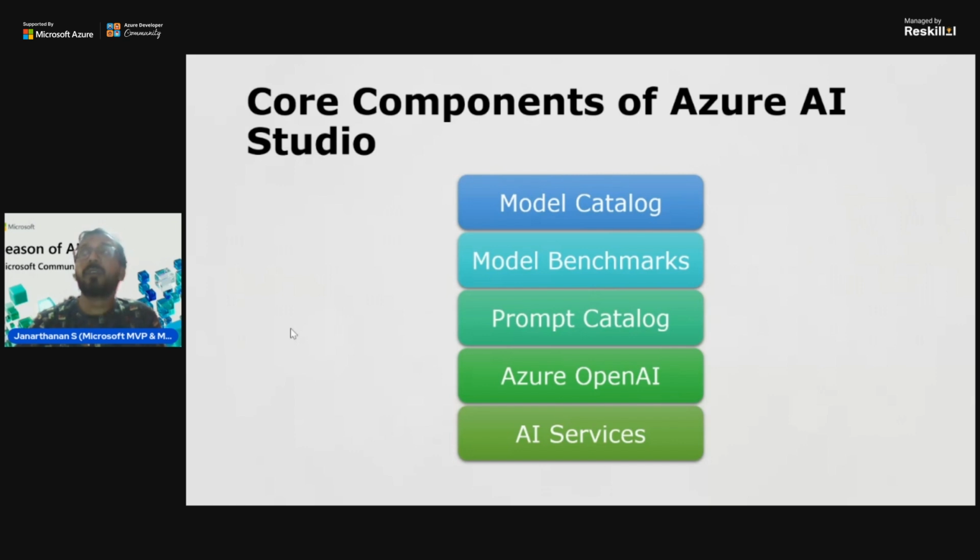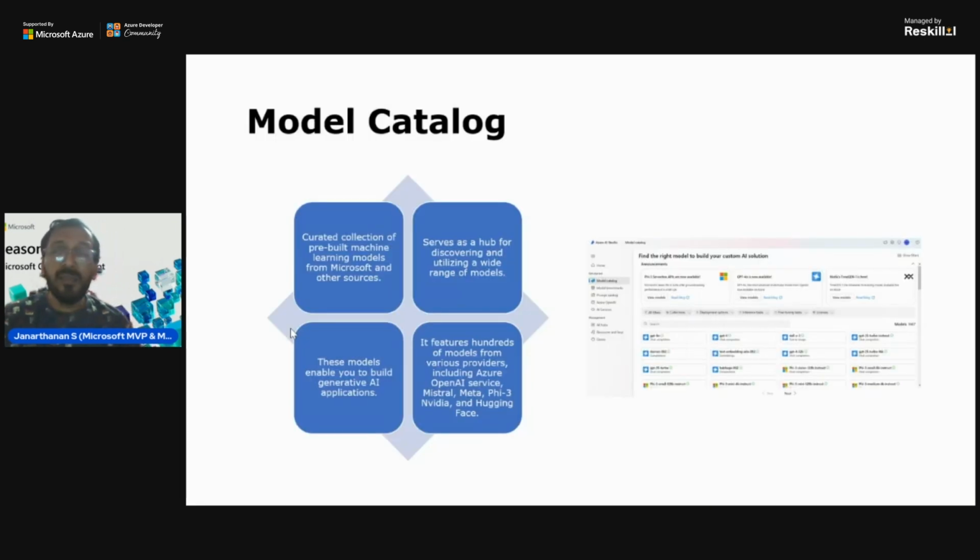In the Azure AI Studio, the very first component is your model catalog. So what is this model catalog all about? Suppose you want to make use of a cutting edge model.